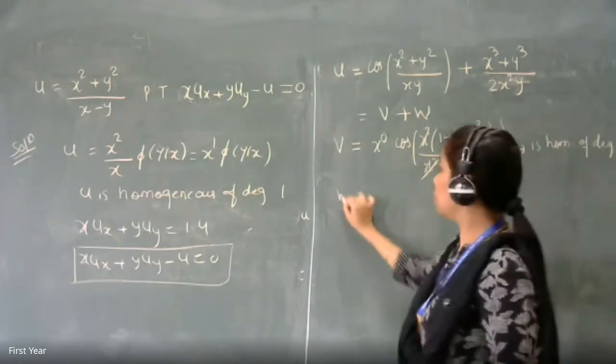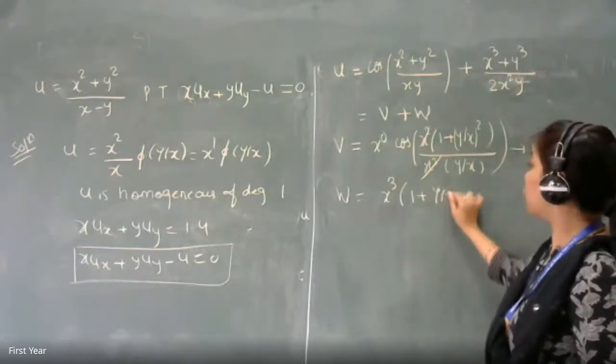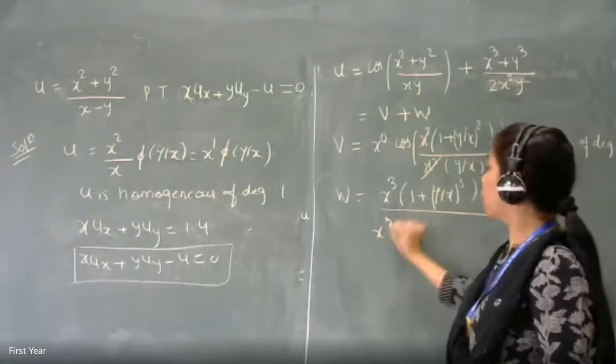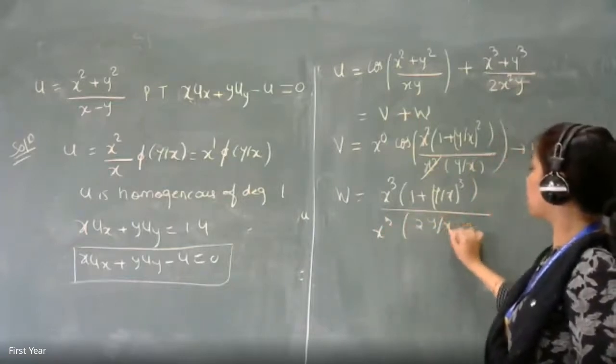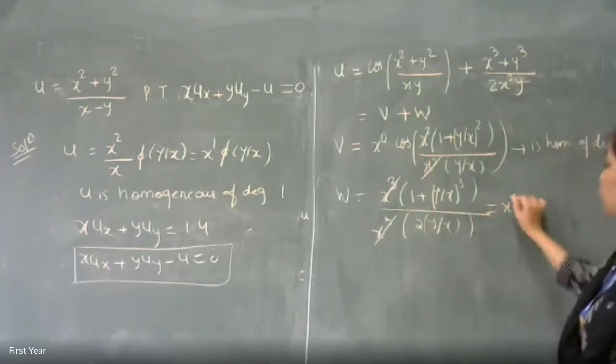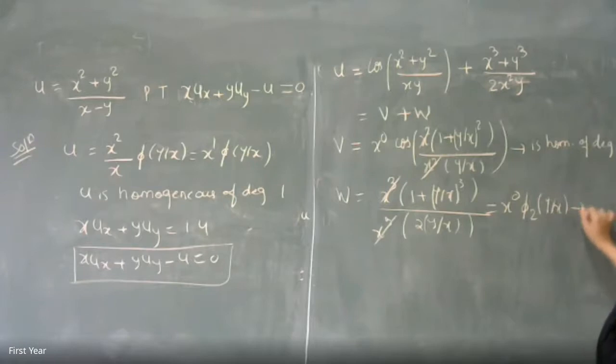What about w? You can take x cube common: it is 1 plus (y by x) the whole cube divided by, taking x cube common, 2y by x. So that also cancels, and I can write it as x raised to 0 in some function of y by x. Therefore, this is also homogeneous of degree 0.